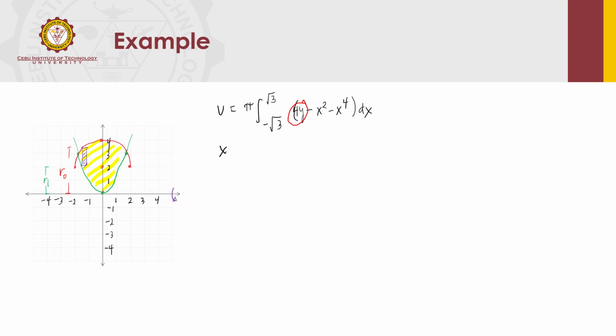That's x squared plus y squared minus 4y equals 0. So this term should be equal to y squared.